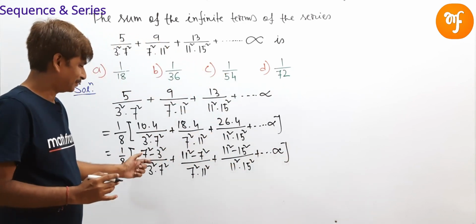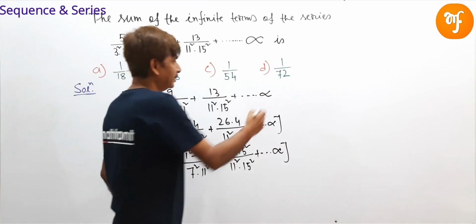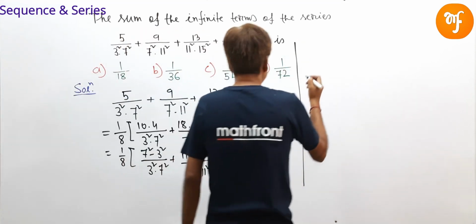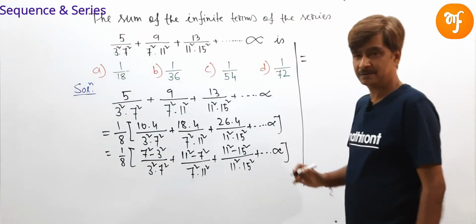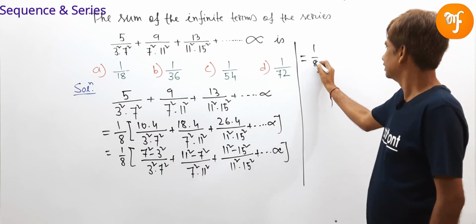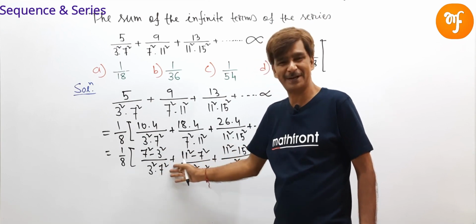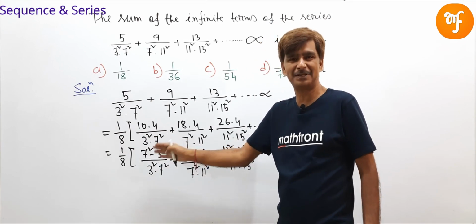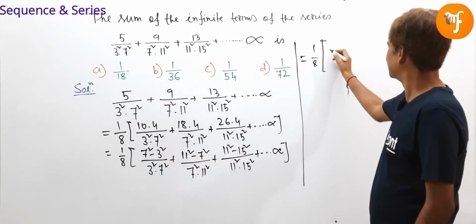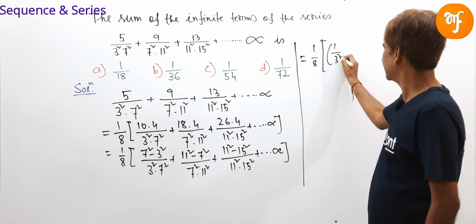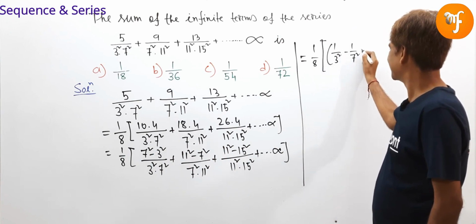Clear? Now, what we can do? This is equal to 1 by 8. This 7 square minus 3 square divided by 3 square into 7 square can be written as 1 by 3 square minus 1 by 7 square.